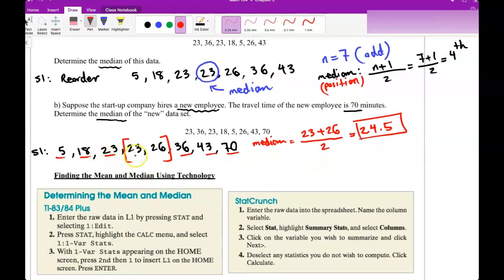And what is the position of that one? It's between. So our median lies in this part here. It's between 23 and 26. So it's the places 4th and 5th place. Now here is position.